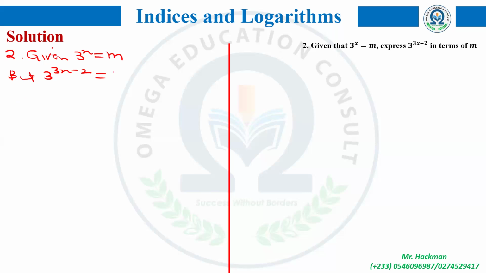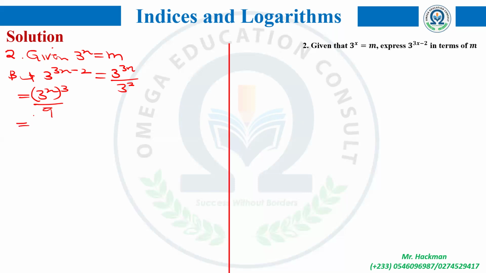So you are going to write, this will be the same as 3 to the power 3x all over 3 squared, because minus is for over. This will be equal to 3 to the power x, all cubed, so those who wrote 2, be careful, all over 3 squared, which is 9.